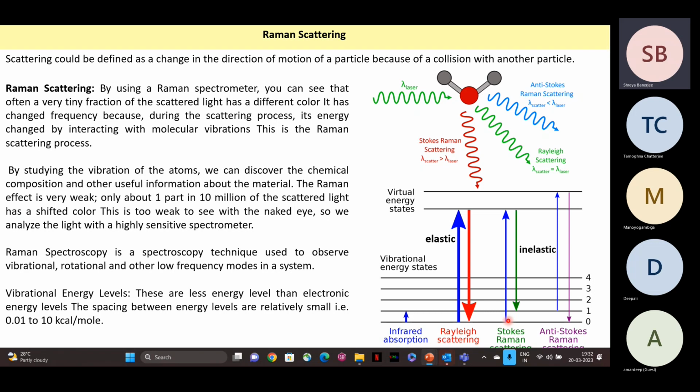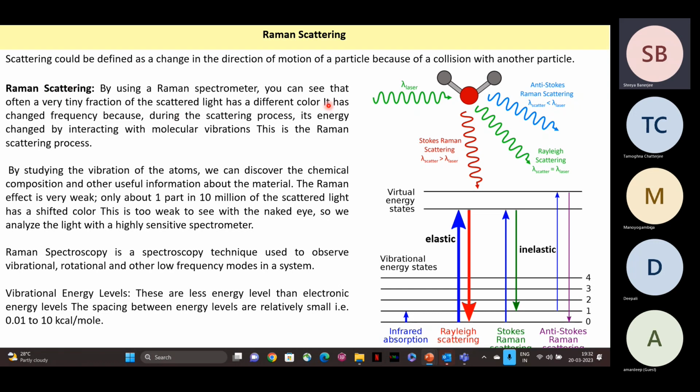In Stokes, there is absorption, and then the emitted energy is lower than the absorption energy. That is, the emitted wavelength is higher. In anti-Stokes, the opposite happens. So the absorbed wavelength is higher than the emitted wavelength.